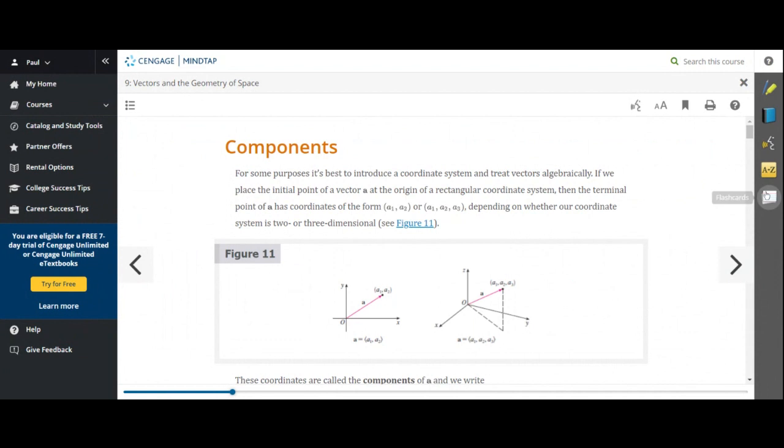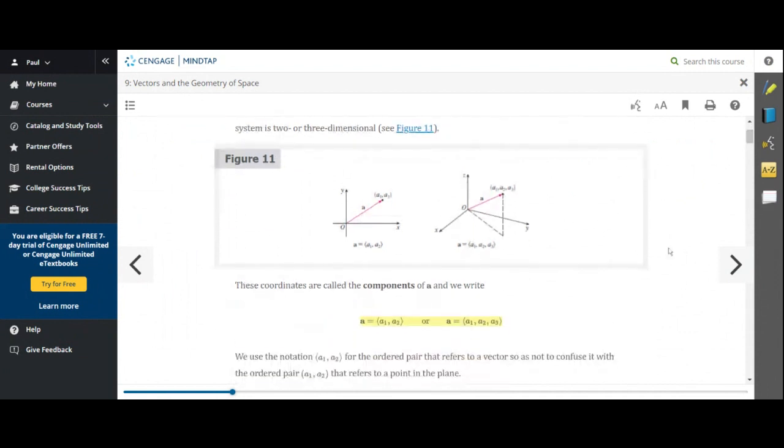You see here in figure 11, the vector A has components A1 and A2. Well, it has coordinates. The vector A is drawn to the point with coordinates A1 and A2 in figure 11 on the left. That's a two-dimensional vector, so the components of A are A1 and A2.